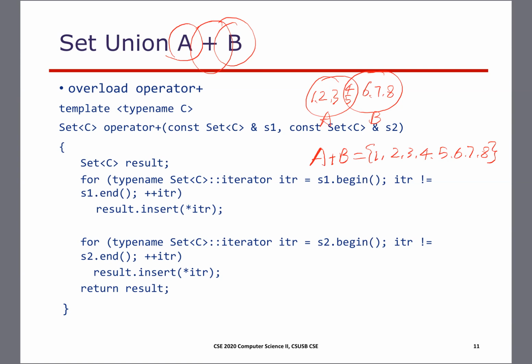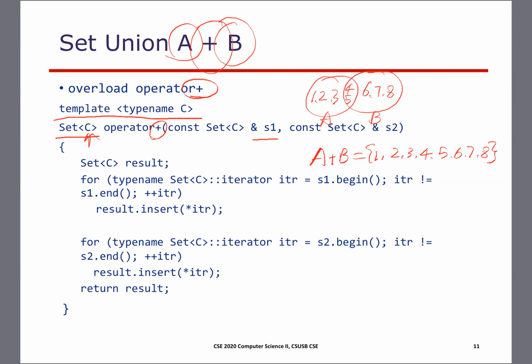To implement this operator, to overload this operator, we define a function template. Its return type is Set<C>, where C is a type name, and the operator is plus.